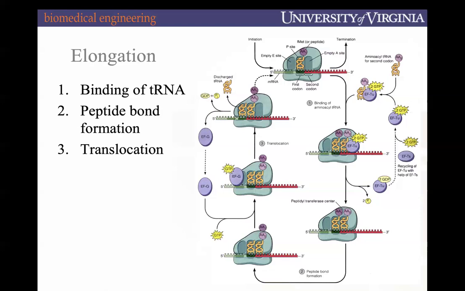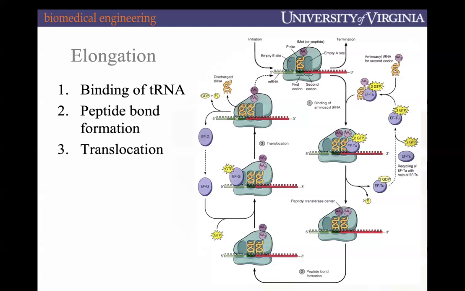And when that happens, what was in the A site is now in the P site, and what was in the P site is now in the E site. One thing that I did not describe that I should have described is that at about 6 o'clock here in this image, before there's this shift of the whole ribosomal complex, that transfer RNA that came in and was delivered to the A site has that 1 amino acid.